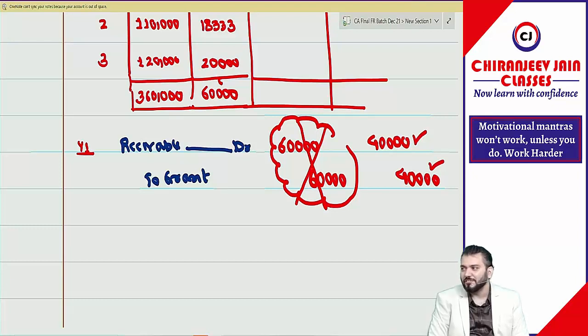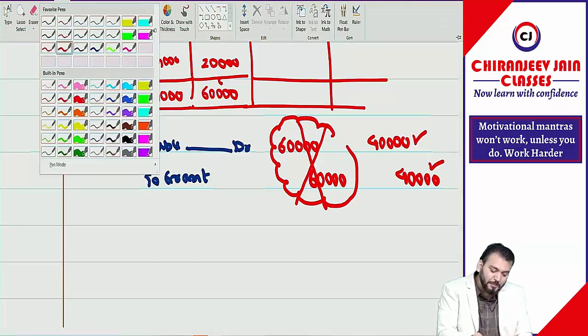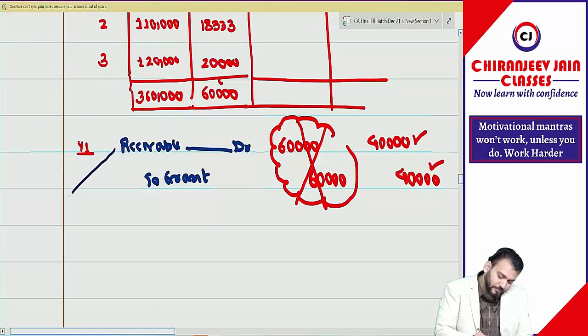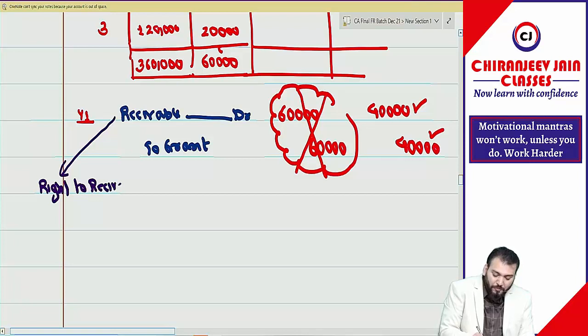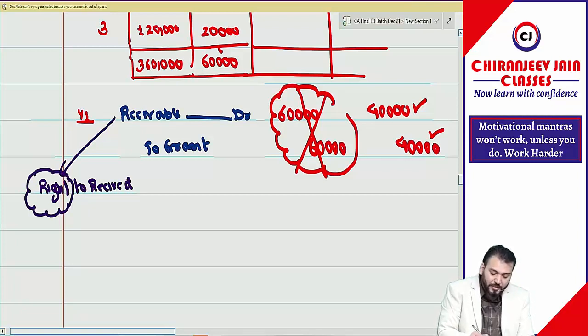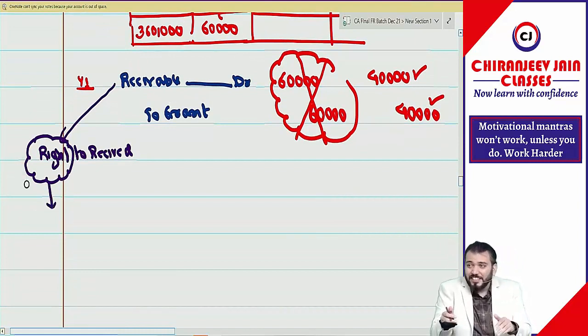Fully confused? Just try to understand. Receivable means what? Receivable means a right to receive. But this right is based on what? How is this right created?